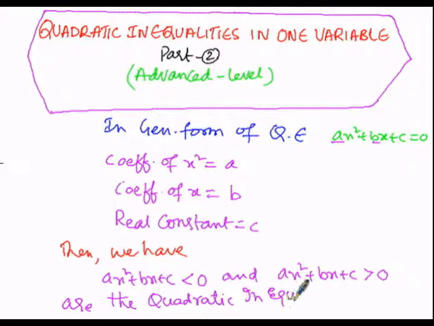So here we are going to solve a quadratic inequality which is in the form of ax square plus bx plus c which is greater than 0. Then now let us illustrate with one example the solution of ax square plus bx plus c greater than 0.